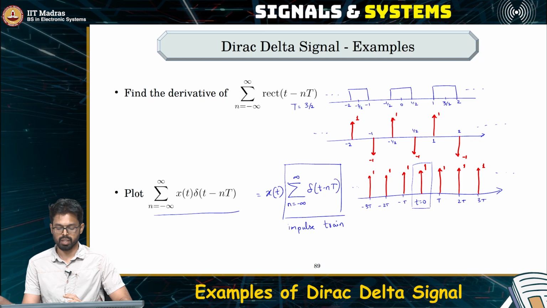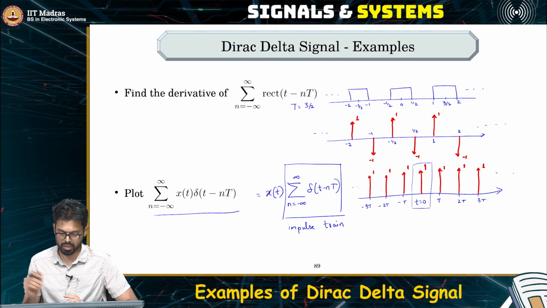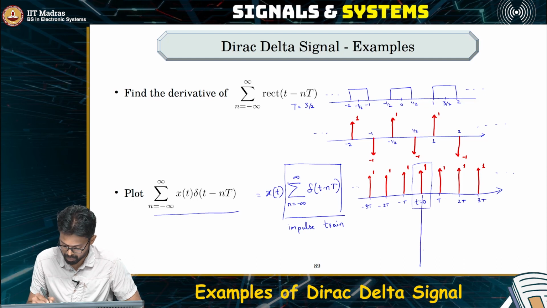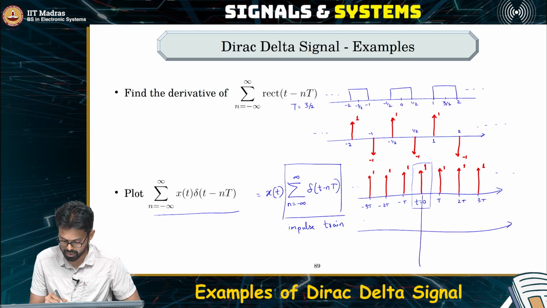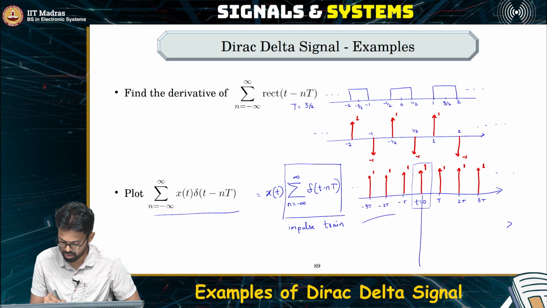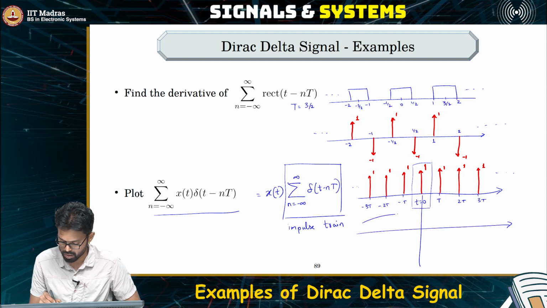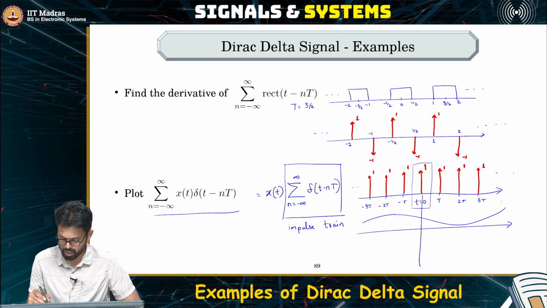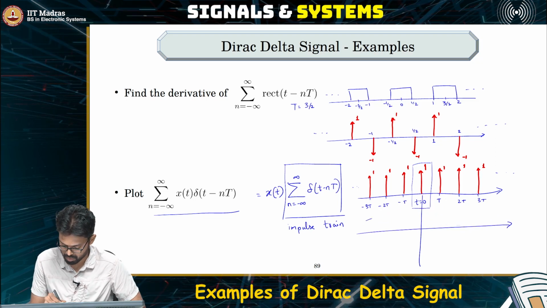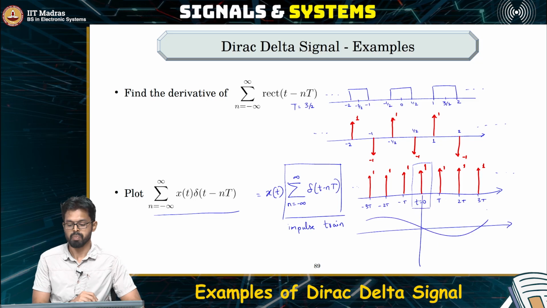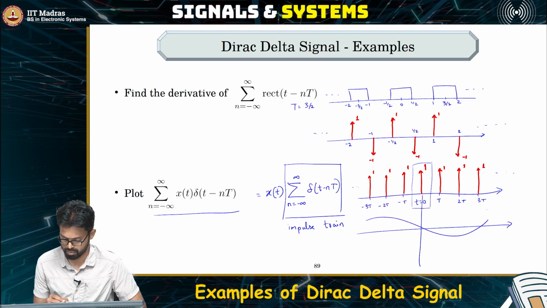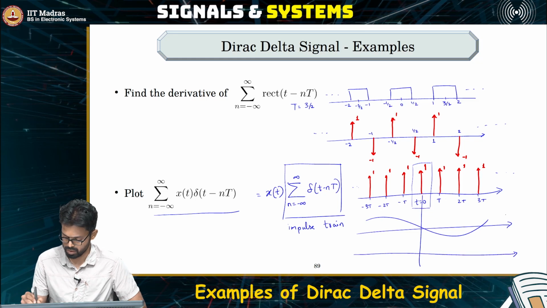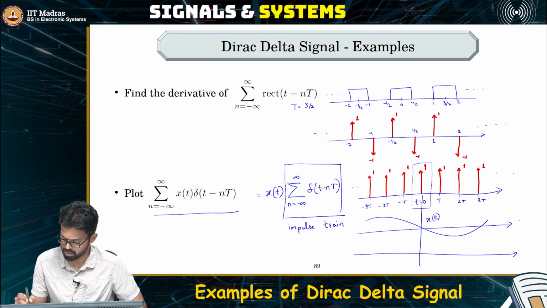It's a train where you constantly see impulse functions or Dirac delta functions. Now if you multiply some x of t with this, how does that look? This is x of t.